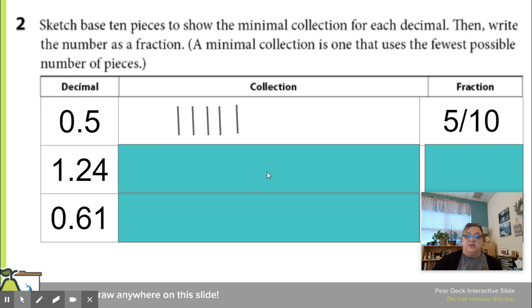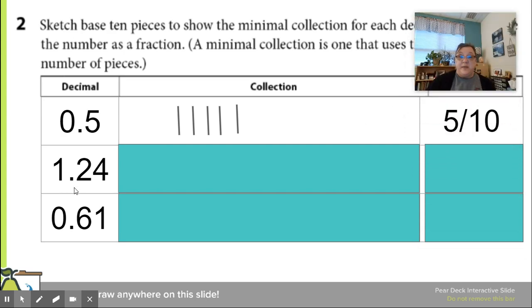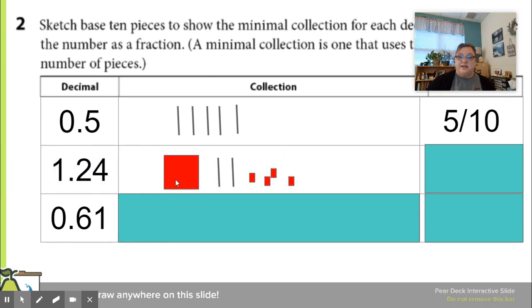Okay. Do this next one. Remember the whole number first. Whole number is your mats, your number of mats. So we do have something in the ones place, so we do have to draw a mat. Then 24 hundredths. So 2 tenths, 4 hundredths. Do you have it drawn? So we've got one mat, one and, there's 1 tenth, 2 tenths, and 1, 2, 3, 4 hundredths.